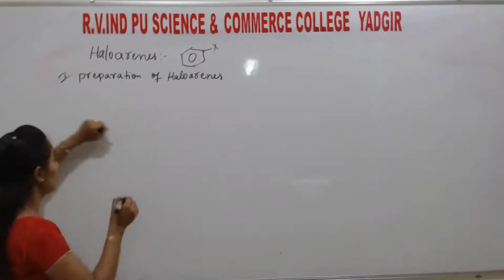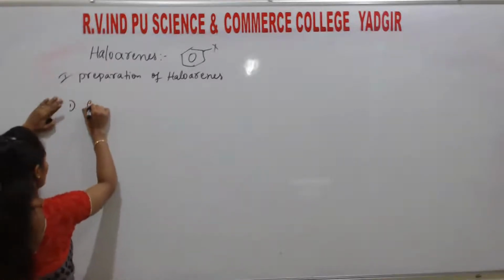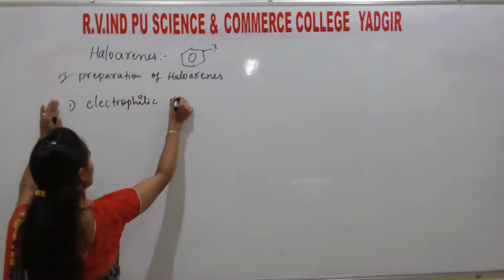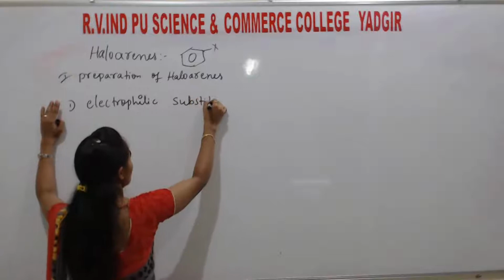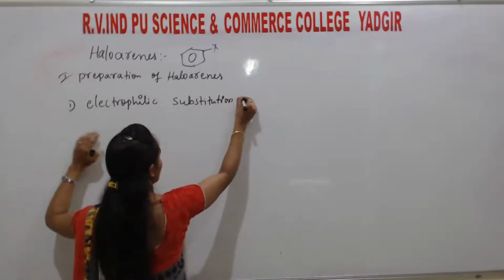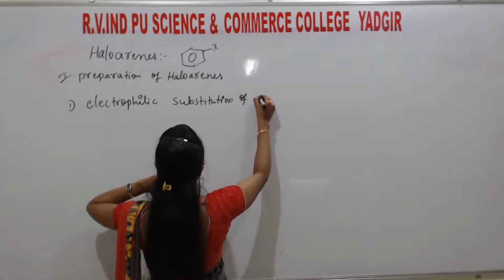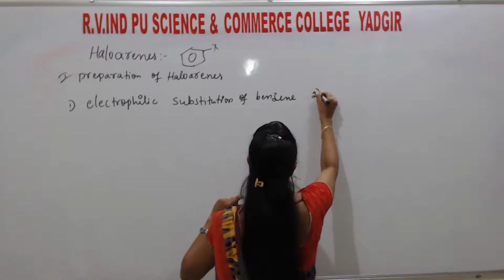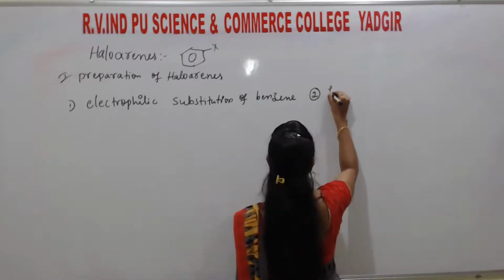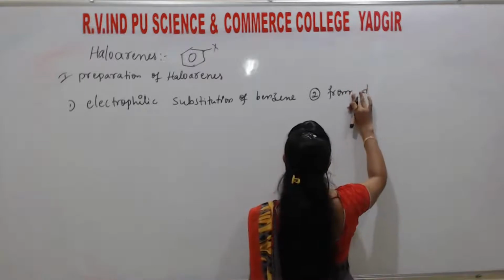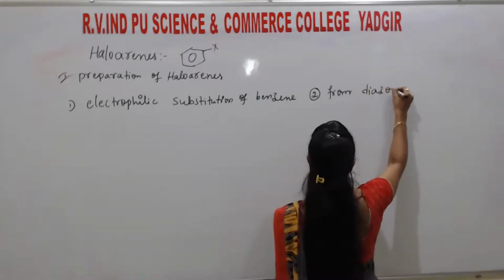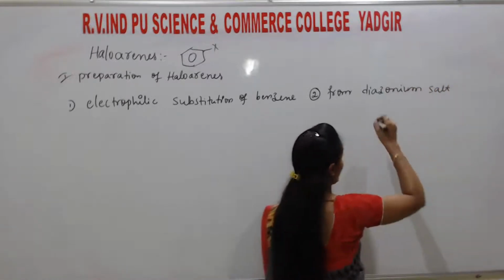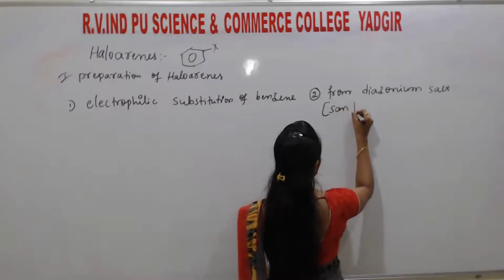So two methods are there. One is electrophilic substitution of benzene. Second one is from diazonium salt, that is called Sandmeyer's reaction.